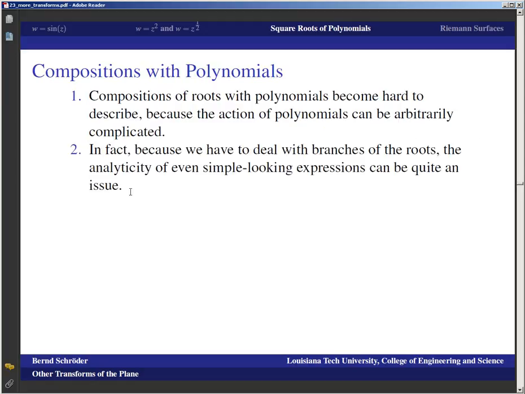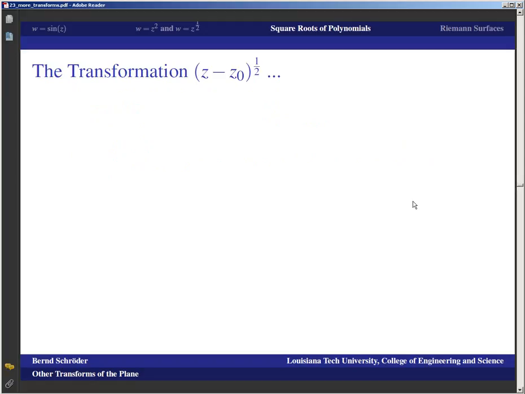Moreover, because we have to deal with branches of the roots, the analyticity, it's one of my favorite words, the analyticity of even simple-looking expressions can be quite an issue because the polynomial may rotate around the origin several times, and so we might push through a couple of branch cuts, and that again makes things problematic.